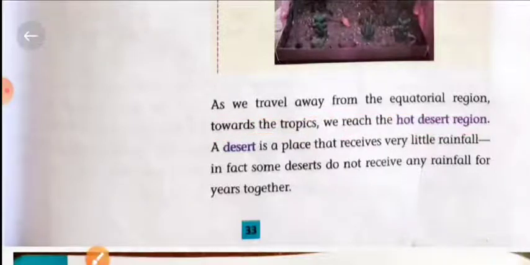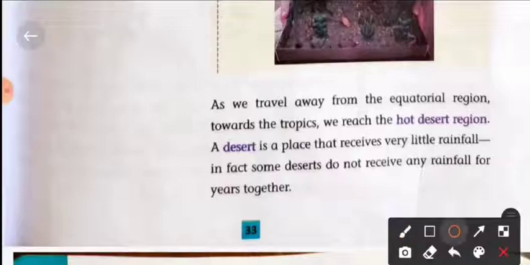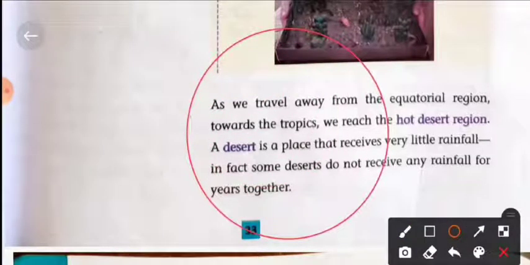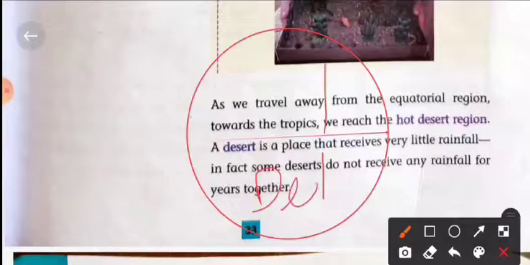Okay, this is a globe and this is the equator region. When we travel from the equator to the north or south, we reach the desert region.